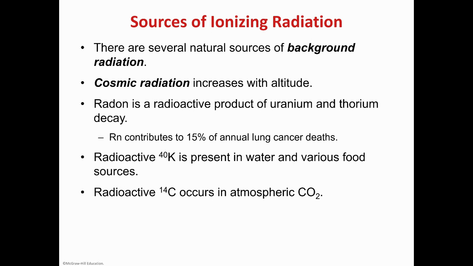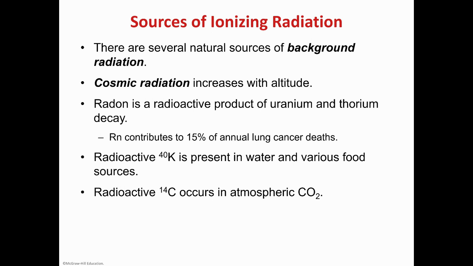There's cosmic radiation, the gamma and cosmic, not shown tonight, but was from Chem 200. Those occur from the sun, right? And those will increase with altitude so that when we, let's say, fly in an airplane, we're getting more exposure to those natural radiations. There's also radon, which is a radioactive product of uranium and thorium decay.